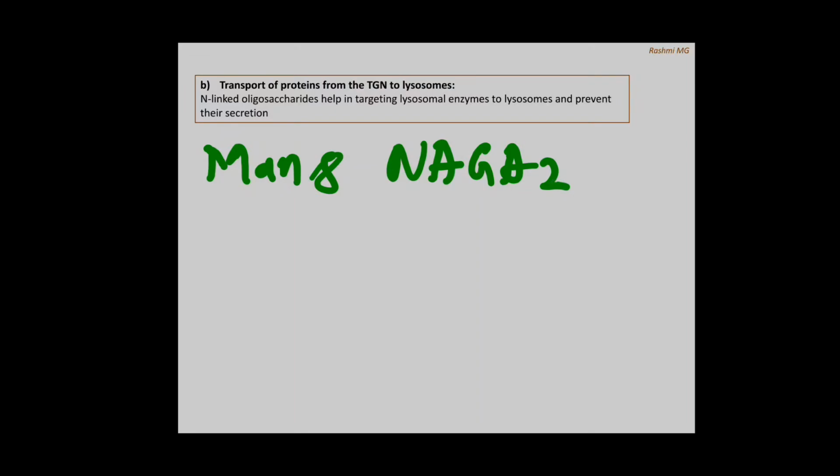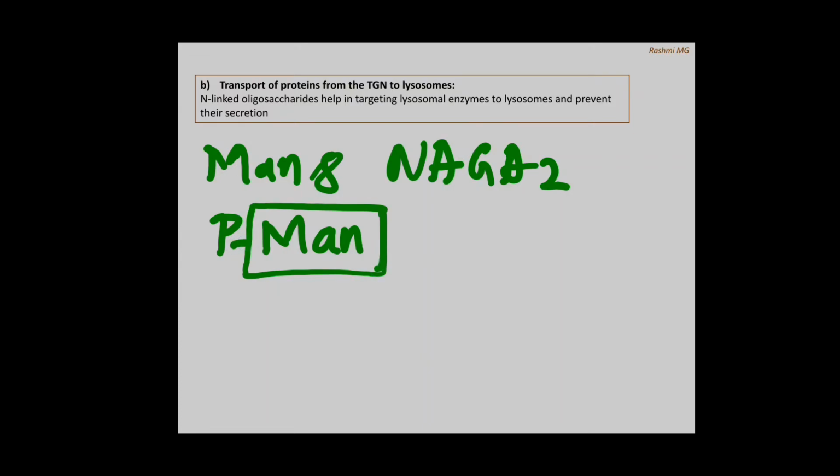First, what happens? There is phosphorylation happening. Phosphorylation of what? Phosphorylation of mannose, the addition of a phosphate group to one or more mannose residues. The resulting mannose 8 GlcNAc 2 oligosaccharide of lysosomal enzymes becomes phosphorylated in the cis Golgi.